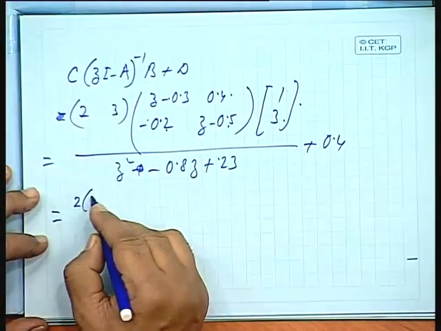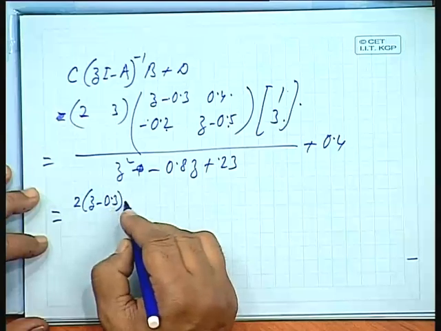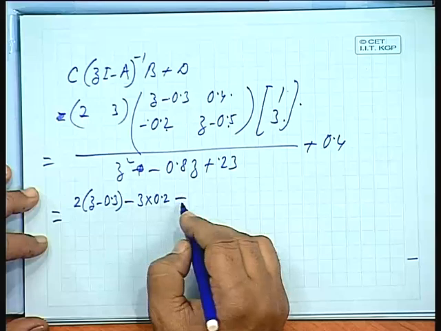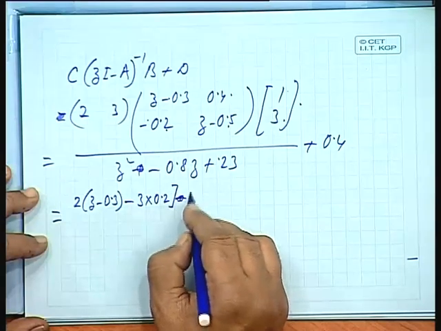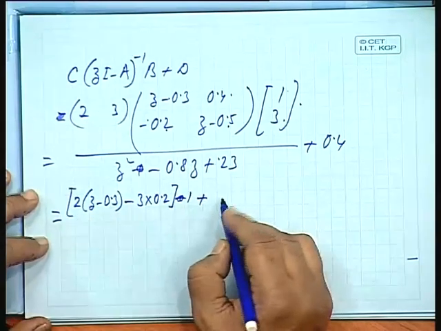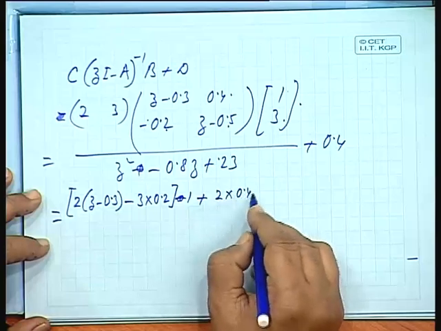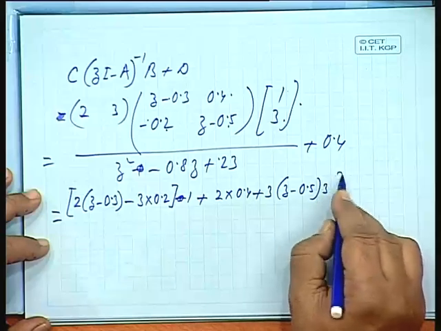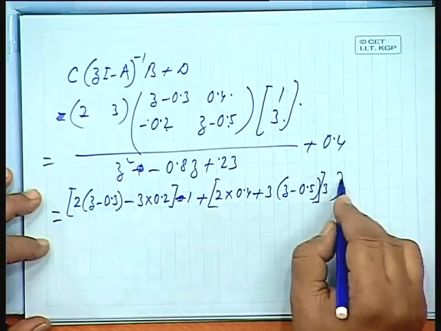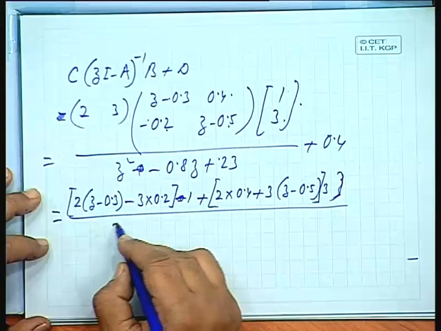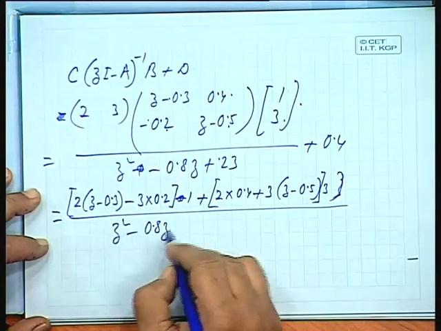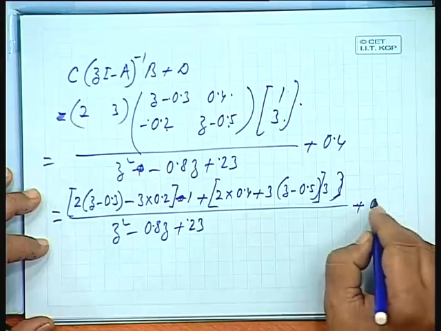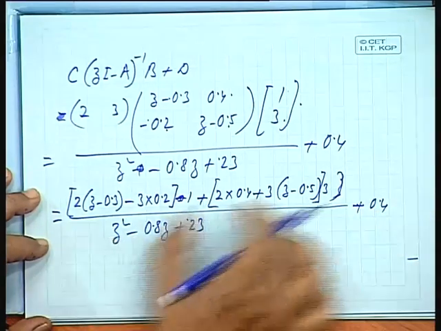So, I write 2 into (Z minus 0.3) minus 3 into 0.2, whole thing into 1, plus 2 into 0.4 plus 3 into (Z minus 0.5), whole thing into 3, divided by Z square minus 0.8 Z plus 0.23, plus 0.4. So, 0.4 times this you can add in the numerator.